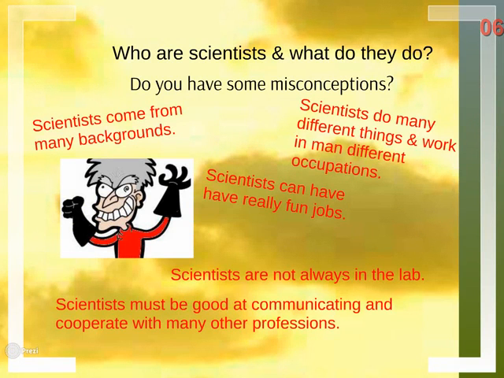Some of their jobs can be indoors, but they can also have jobs that are outdoors. You may do research. You may end up working with people a lot. You may end up working with a computer a lot. There's a huge variety of information out there on different scientific careers. Scientists must be good at communicating and cooperating with many other professions, since often scientists do not work alone.